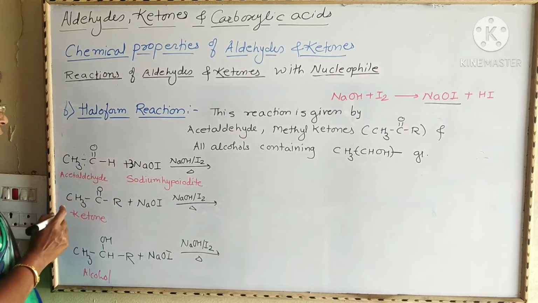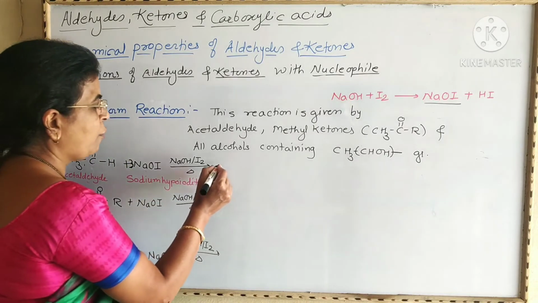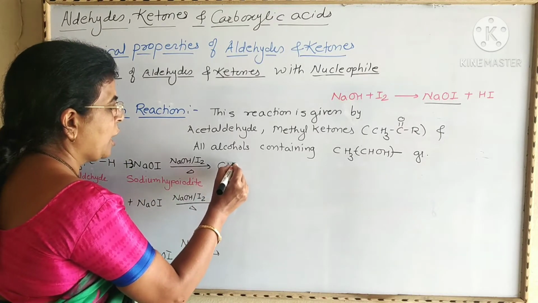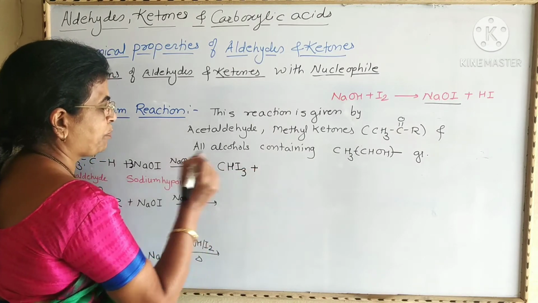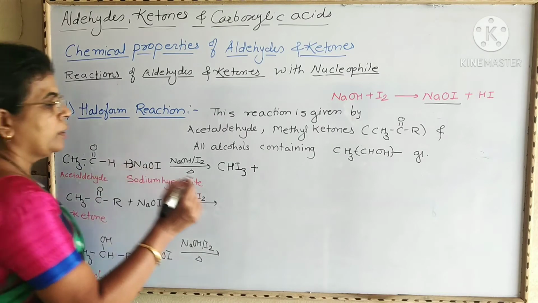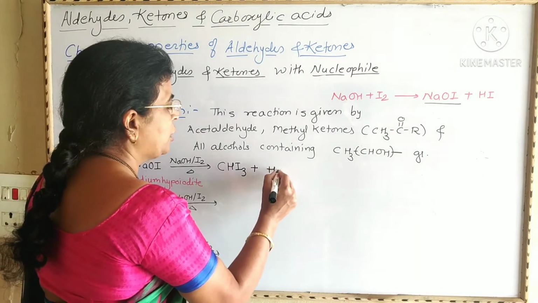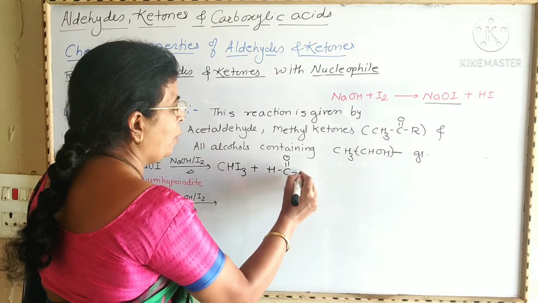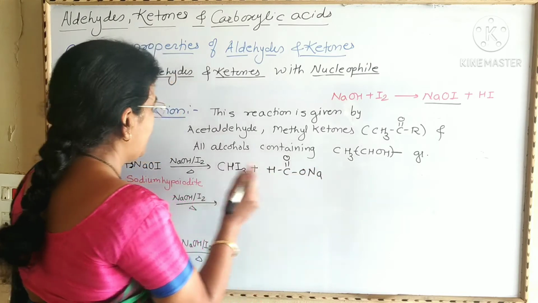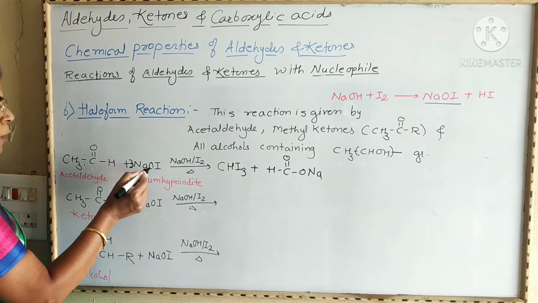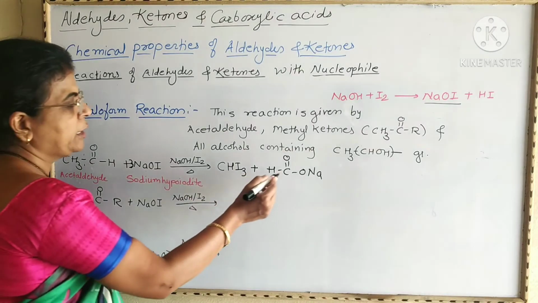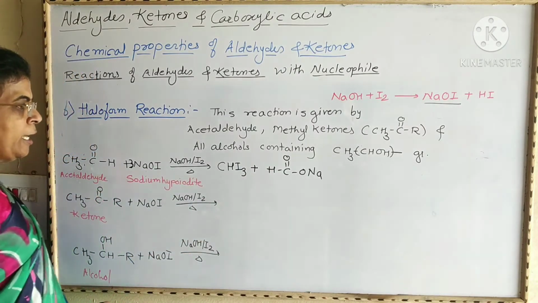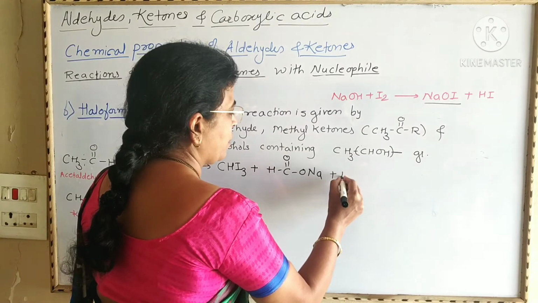Now how does the reaction take place? Look here. Here formation of CHI3 plus HC double bond ONa, that is this ONa gets attached to this CO group to form HC double bond ONa, plus NaOH.